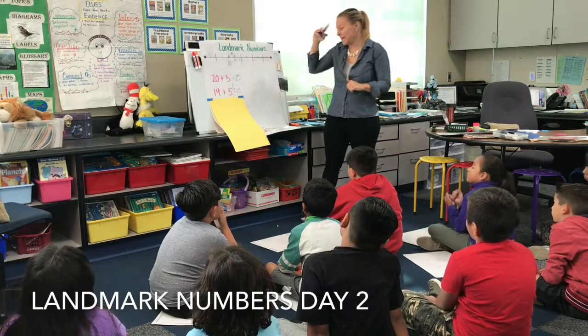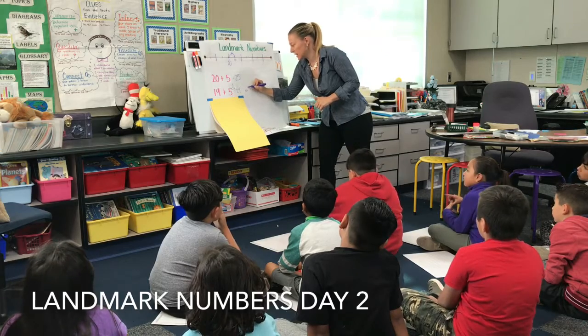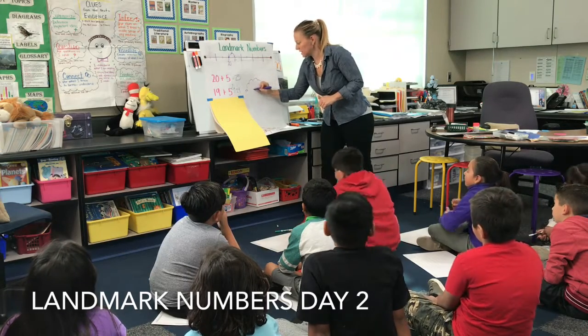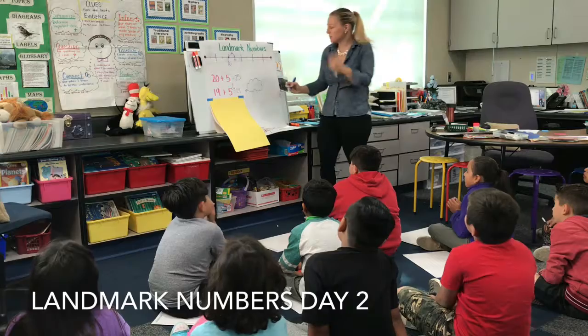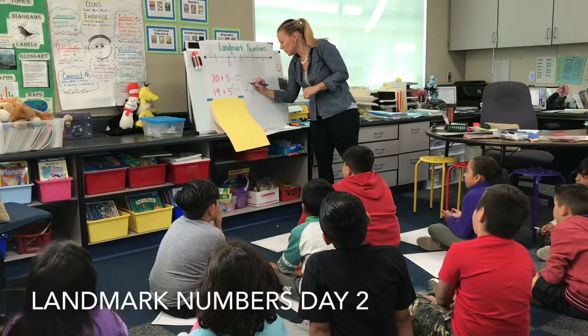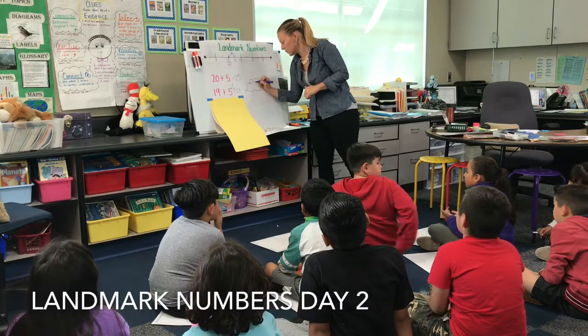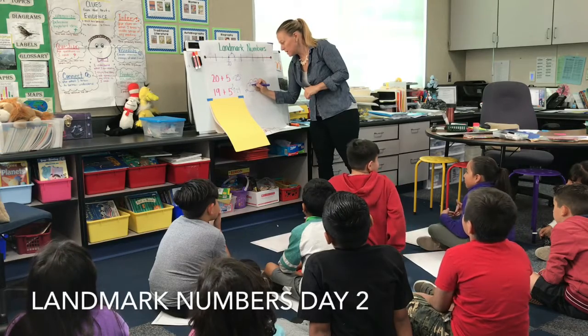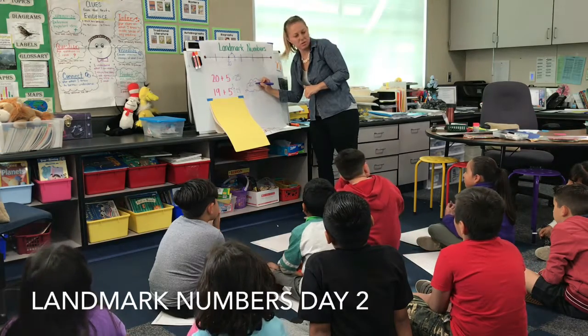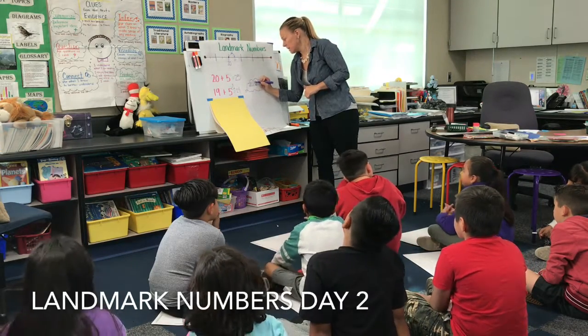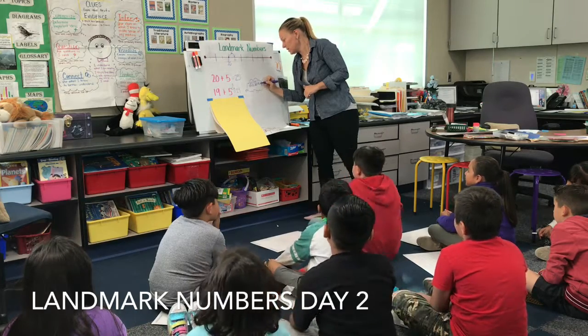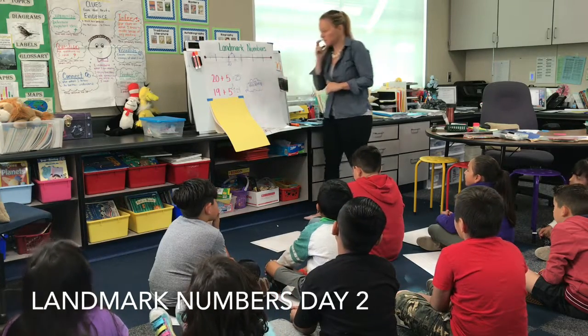In my head, and I'm just going to draw my thinking, I'm going to say 5 is equal to 1 and 4. 19 plus 1 equals 20. Plus 4 equals 24. Awesome.